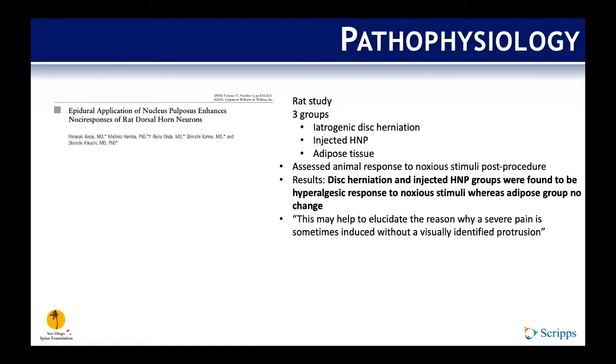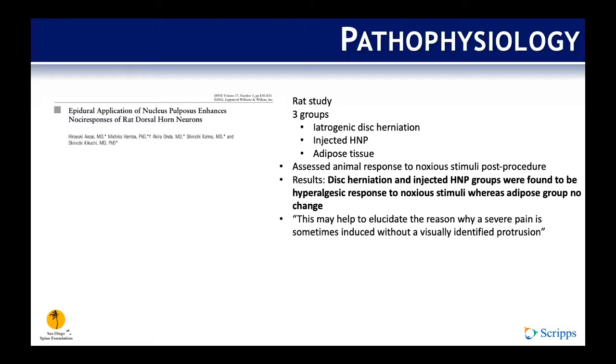This is an animal study looking at rats, where they created three different scenarios. One group had an iatrogenic disc herniation. In one group, they injected herniated nucleus pulposus tissue, or disc material, onto the nerve. And the third one was adipose tissue.